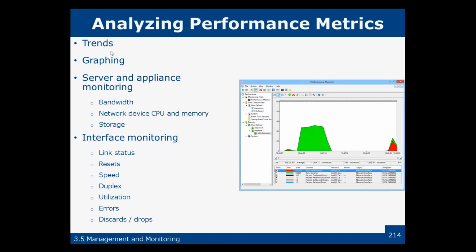Log management is going to be a big part of this. I know I'm stuck on logs, but if you don't look at the logs, there's no need in having the logs. If you don't look at the logs, you won't know what's going on, and they grow. They don't grow real quick, but over a couple of years, we went back into a server that we didn't really monitor a whole lot.